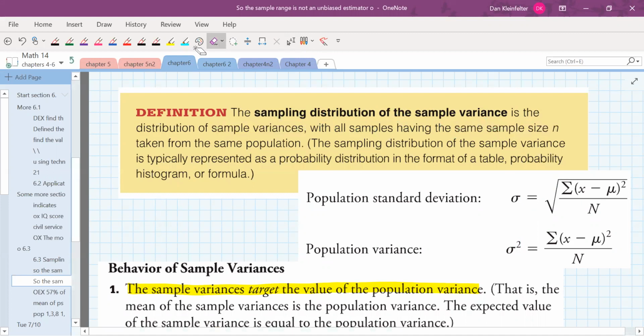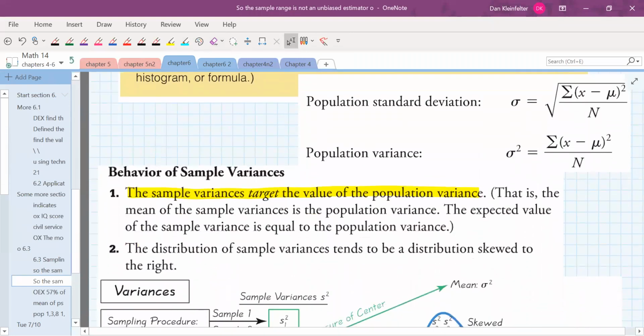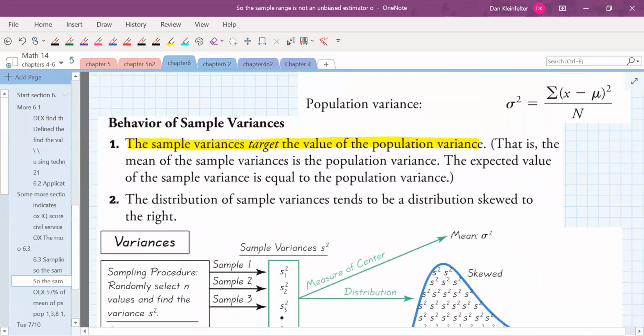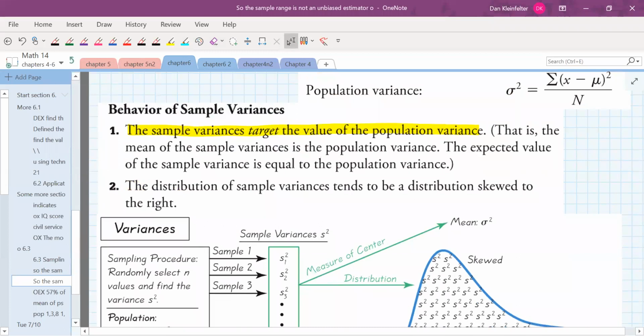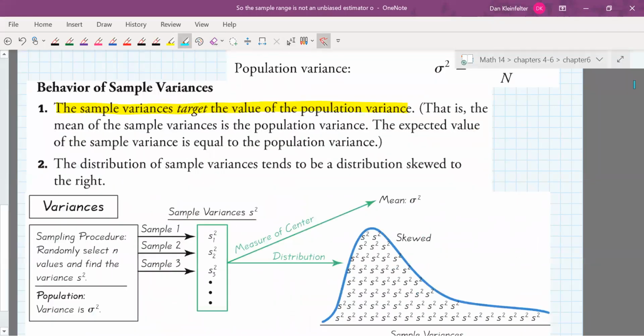So then, important things to note: the sample variances target the value of the population variance, meaning that the sample variance will be an unbiased estimator, which is good. The mean of the sample variances is the population variance.